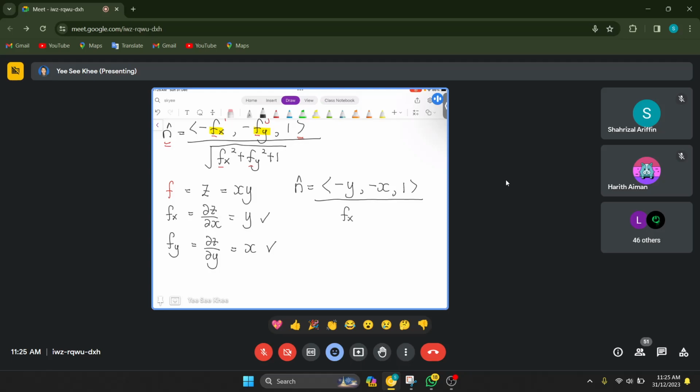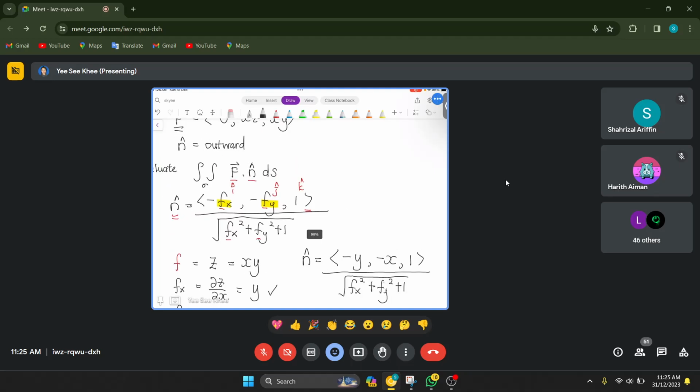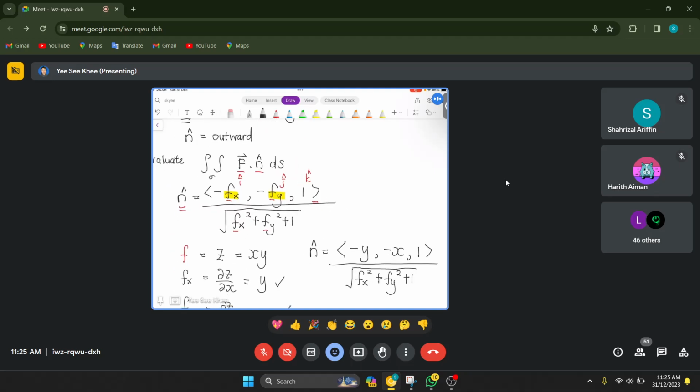I will just leave this denominator as it is first, because later I want to explain to you that it will be cancelled out. So this will be your unit normal vector n. You have completed this.